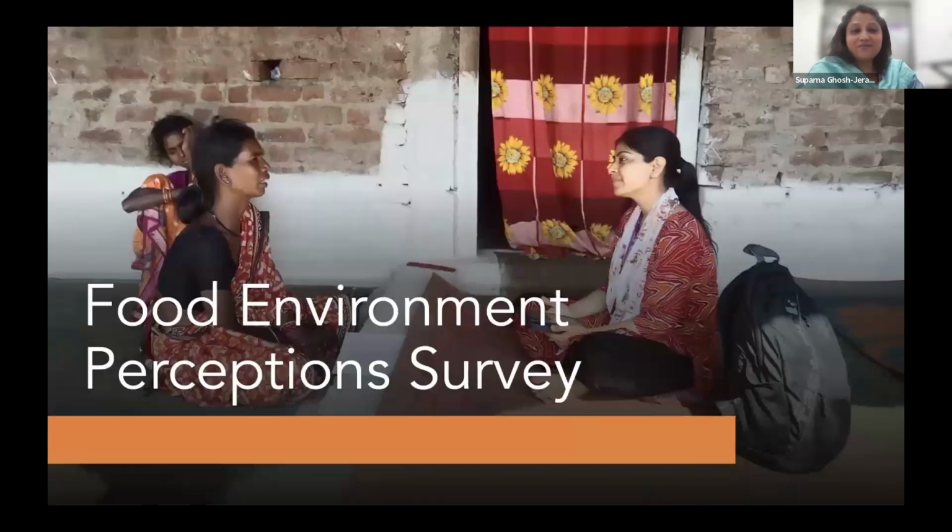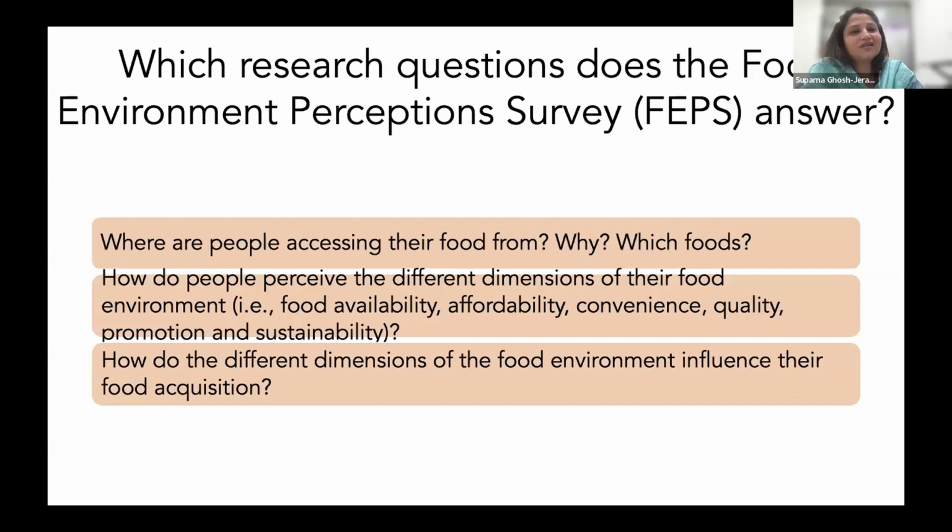And the last tool that I'm going to explain is again a perception-based tool, where we are trying to capture individual perception about the food environment, called the Food Environment Perception Survey. It's a survey, and it tries to address research questions related to where people are accessing their food from, why they are accessing those foods from there, and which foods are being accessed from different food environment types.